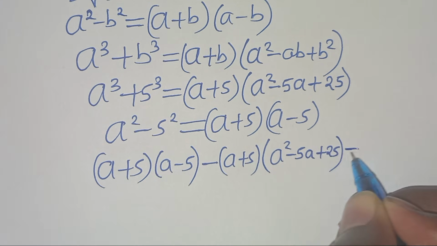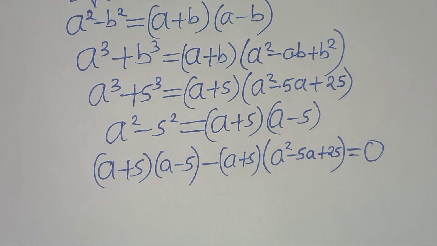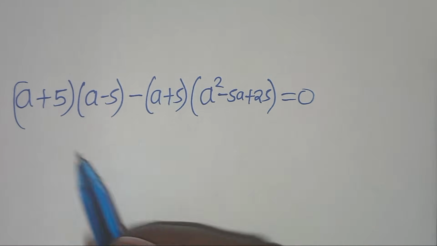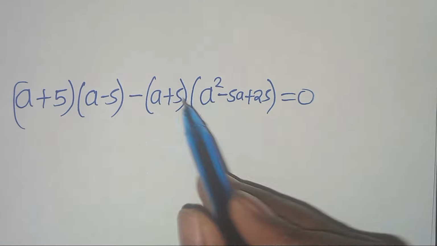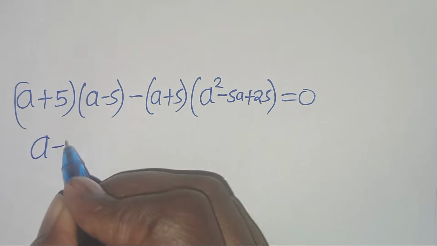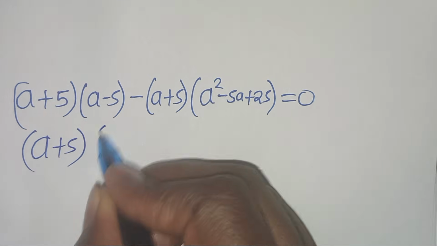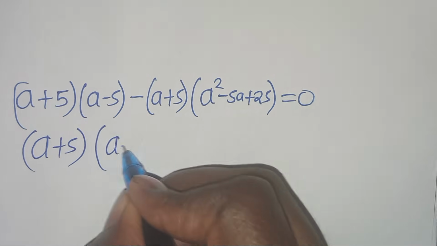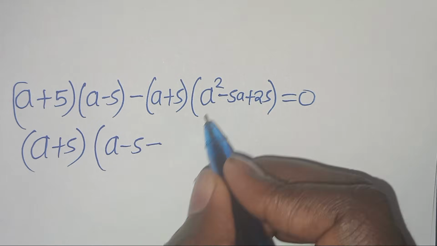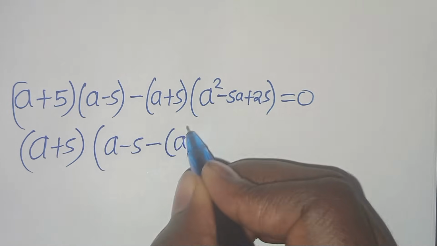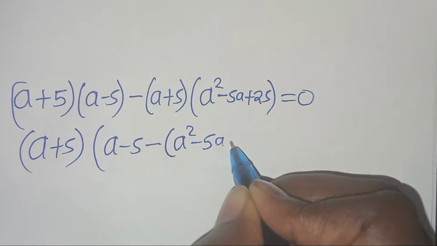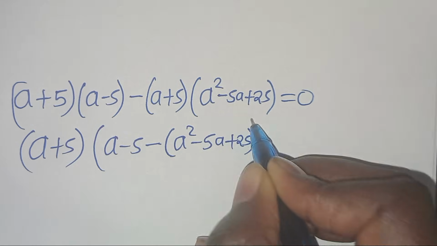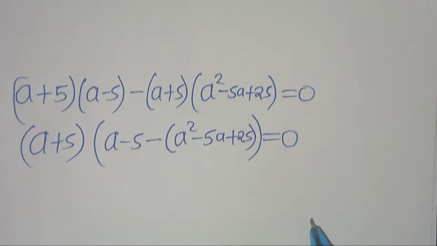This is equal to 0. Now we have that a plus 5 is common here, so we can factor out a plus 5. Into the parentheses, here we have a minus 5, then subtract into the parentheses a squared minus 5a plus 25. This is equal to 0.